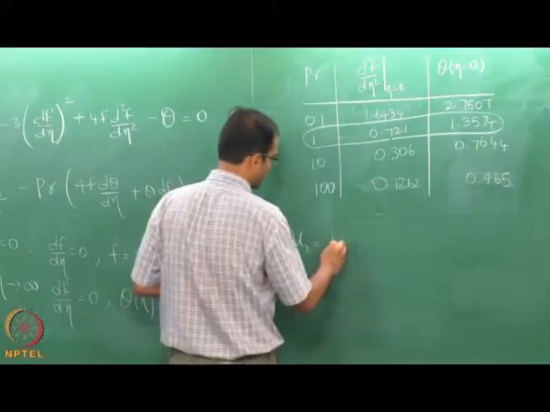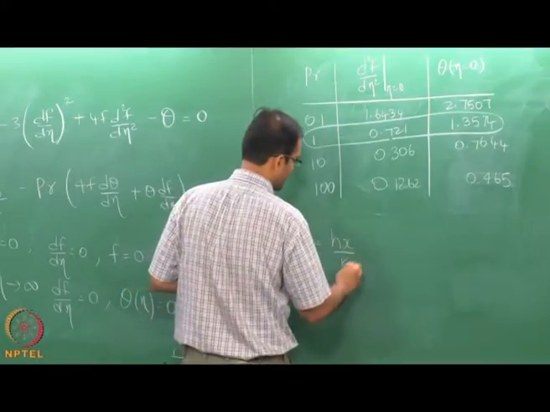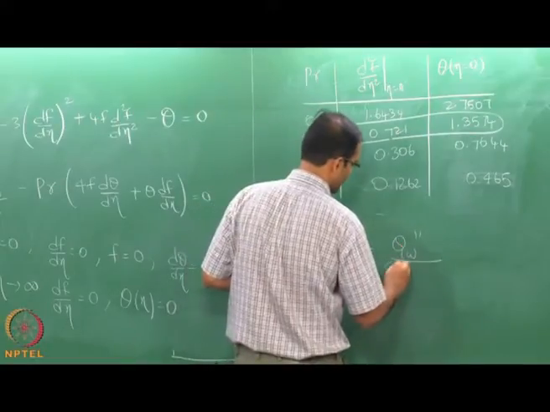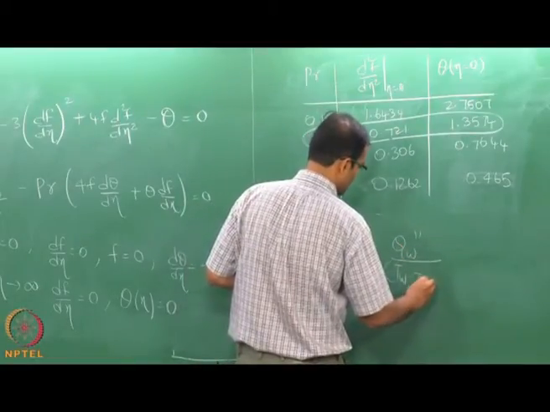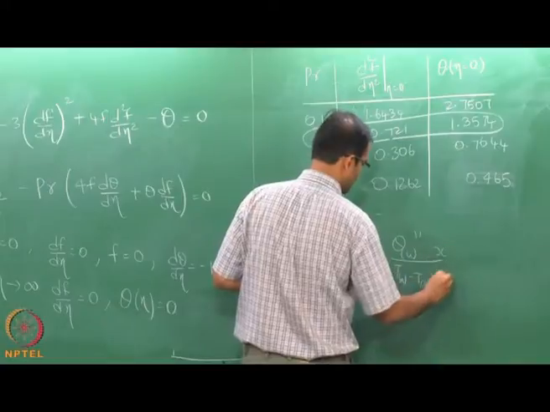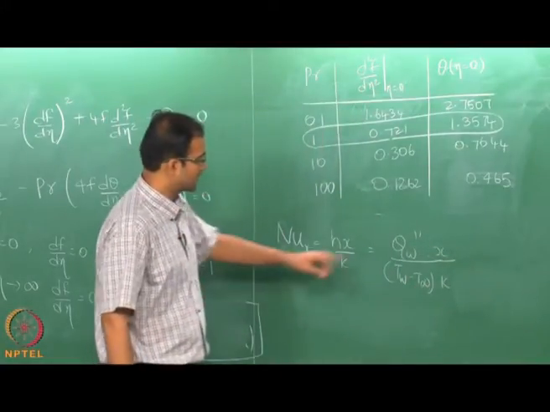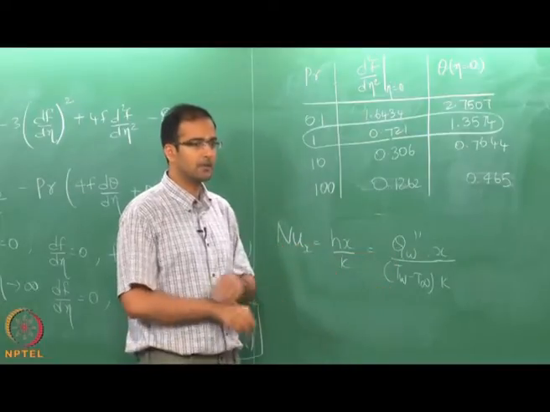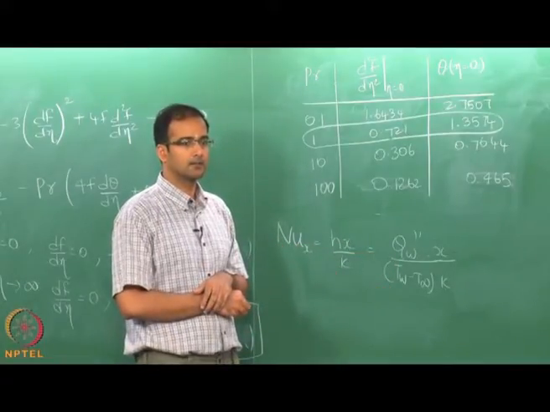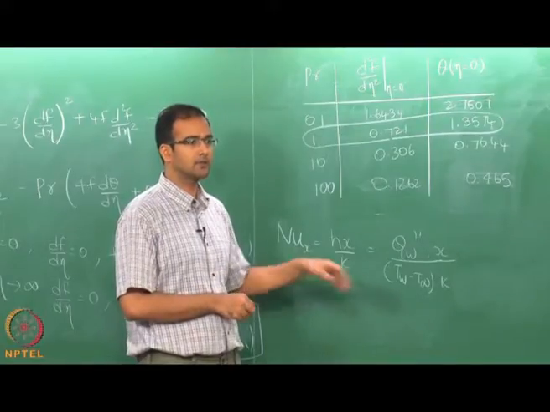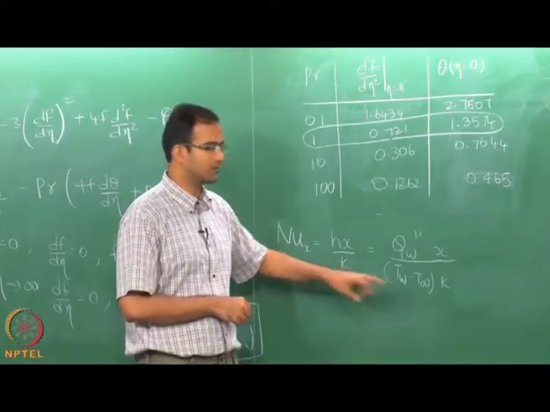You have once again Hx by k, which is q wall by (T wall minus T infinity) into x by k. Now, in this case we know what is q wall, but we do not know T wall minus T infinity. Therefore, put this in terms of theta at eta equal to 0.